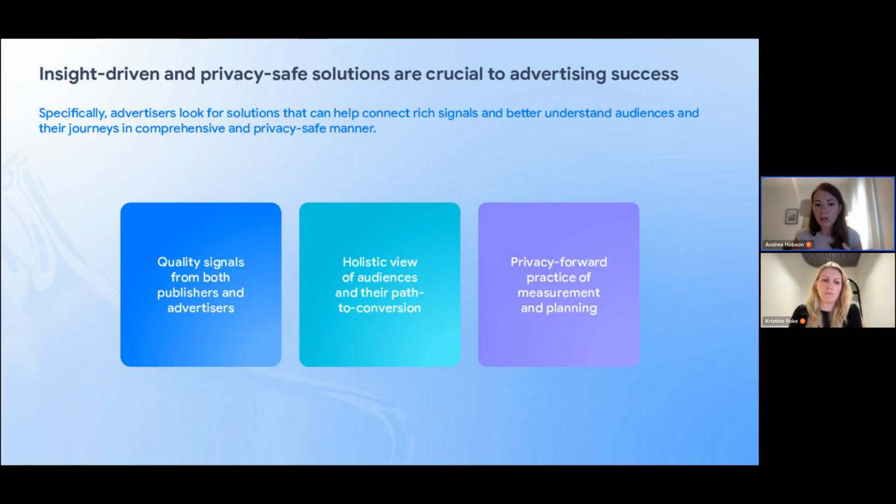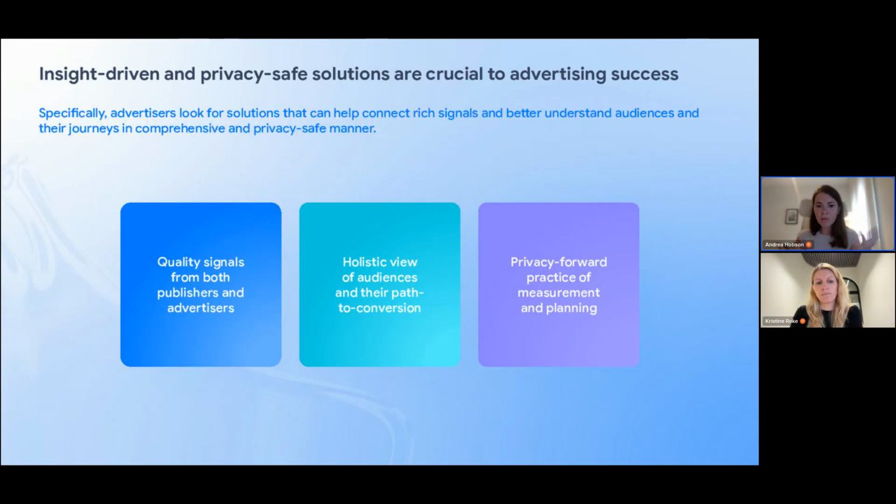Privacy forward measurement: all measurement and planning must be privacy safe by design, enabling you to have actionable insights while staying compliant and maintaining customer trust.